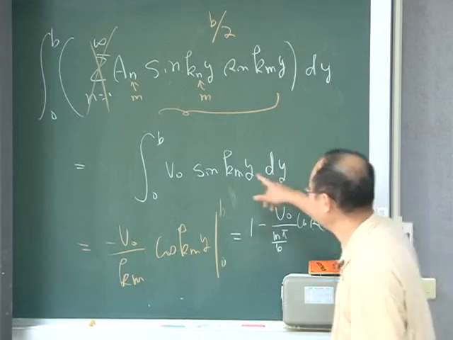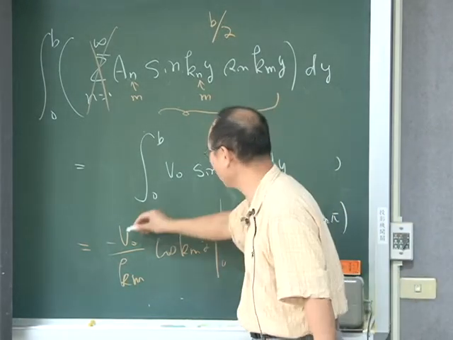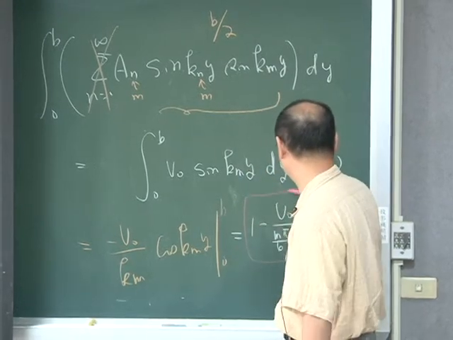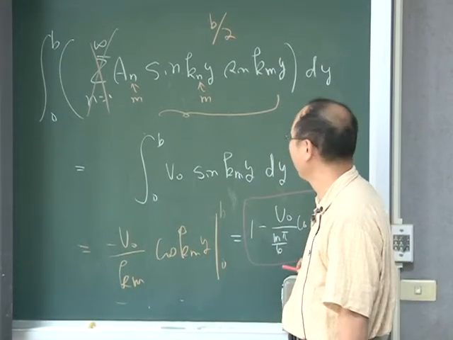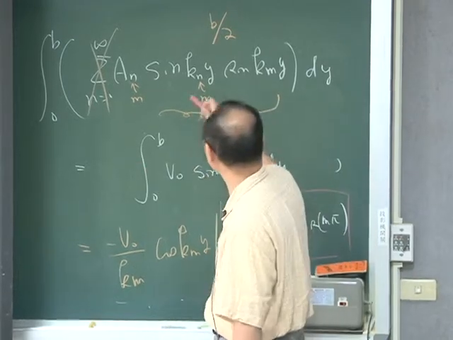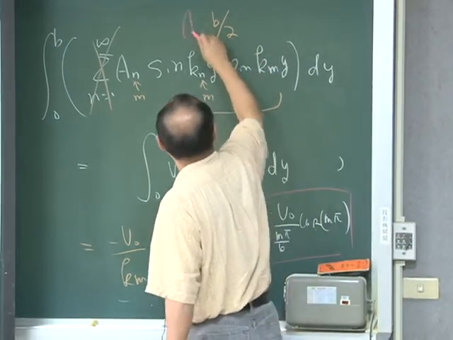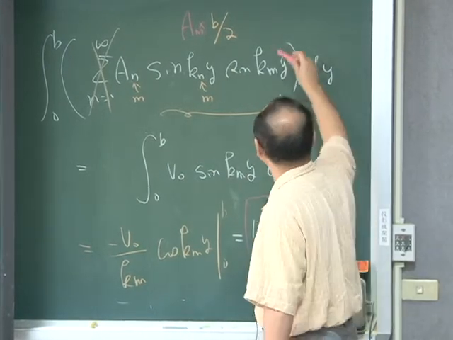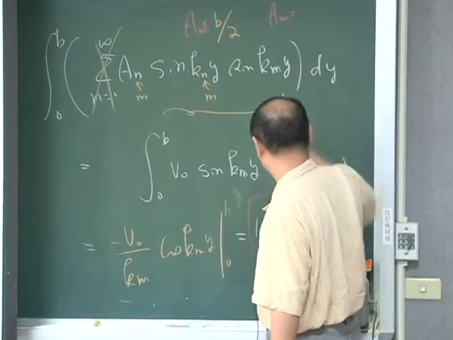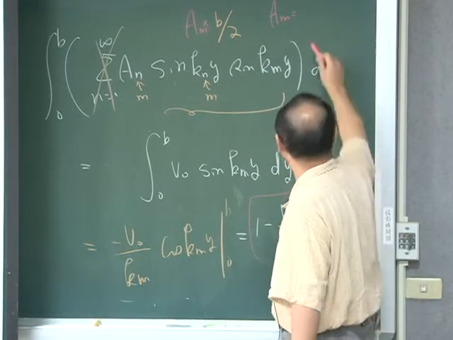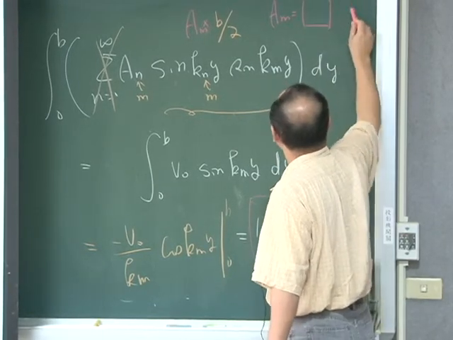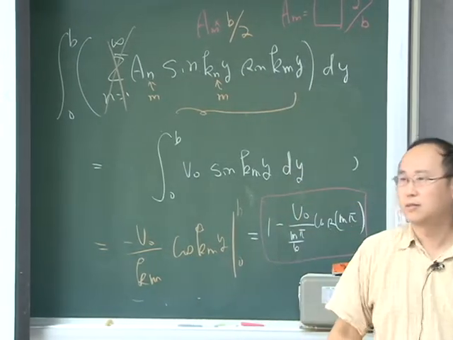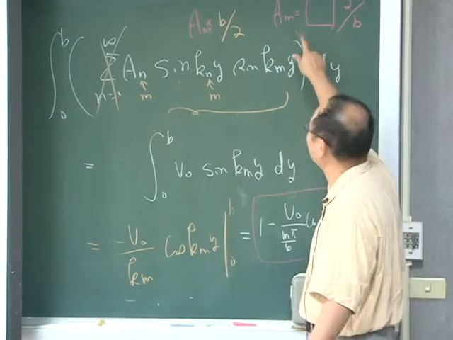OK, so the right hand side you have solved here. The left hand side is equal to a_m times this thing. So the final solution is a_m equal to this divided by b over 2, and that is your a_m.